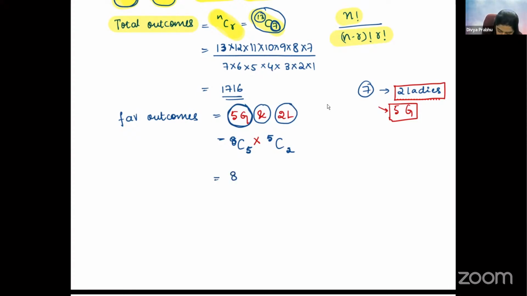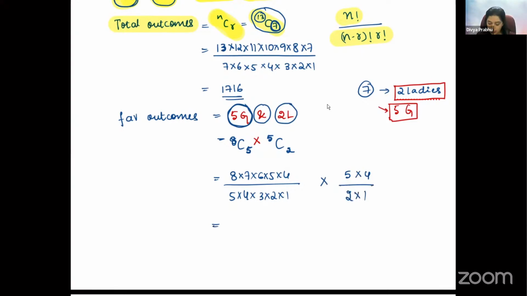I start from 8, multiply 5 times, divided by 5 factorial, which is 5 into 4 into 3 into 2 into 1. Into 5C2. I start with 5, multiply 2 times, divided by 2 factorial. So when I solve this, what I get is total 560. Got it? So I get total 560.